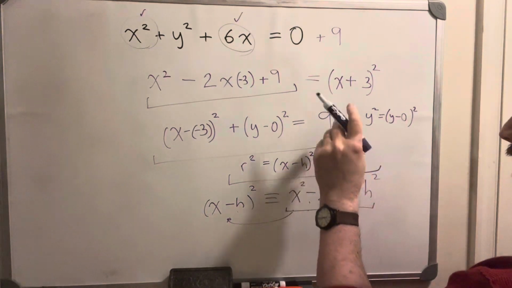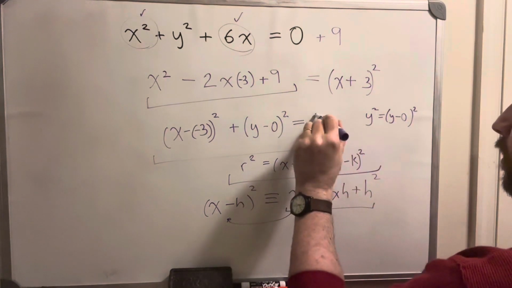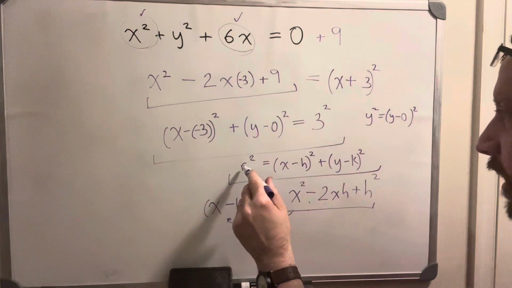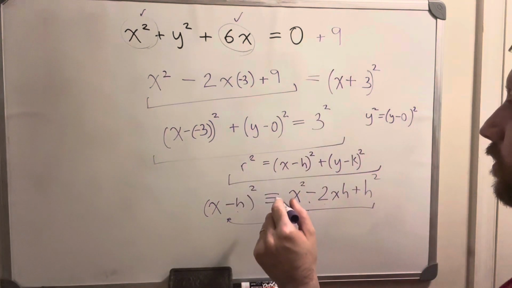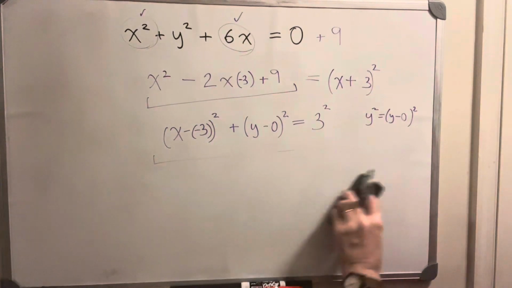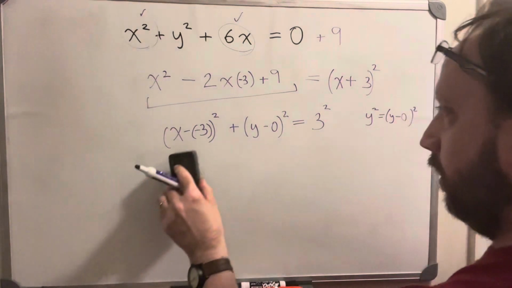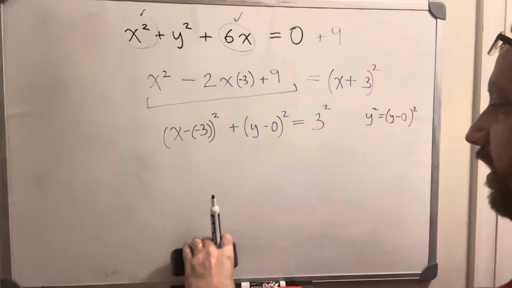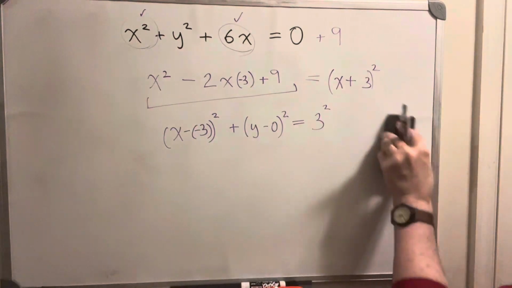Let's write 9 as 3 squared, because we know that the formula is for radius squared. And I think we're just about done. Can you tell by reading this what the radius and the center point are?